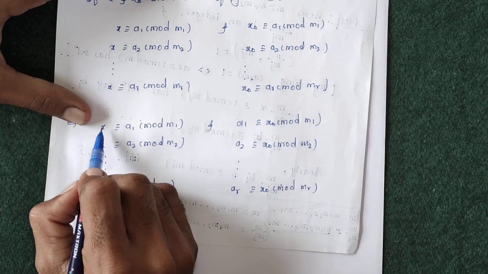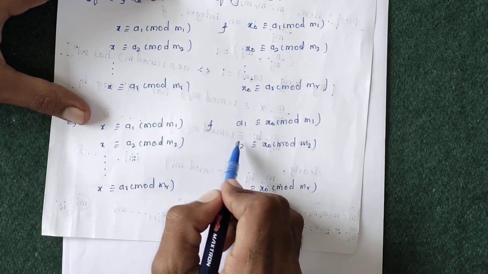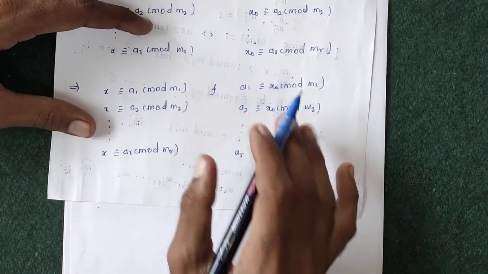So here x is congruent to a1 and a1 is congruent to x naught, x is congruent to a2 and a2 is congruent to x naught, x is congruent to ar and ar is congruent to x naught.